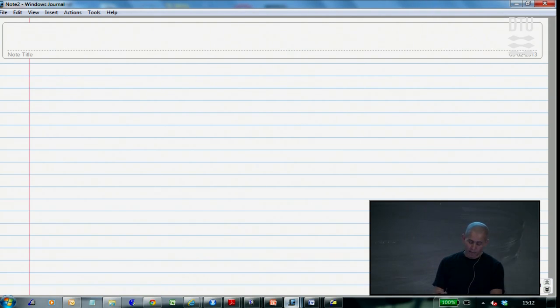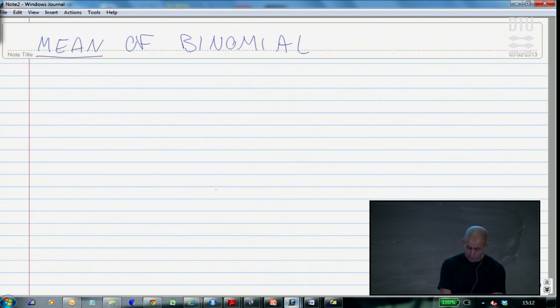Good. I would like to go through the math details of how to actually deduce the mean of the binomial distribution. If we are to use the definition of the mean of x of a discrete distribution, as you have been taught in the basic part, this would, for the binomial, look as follows.